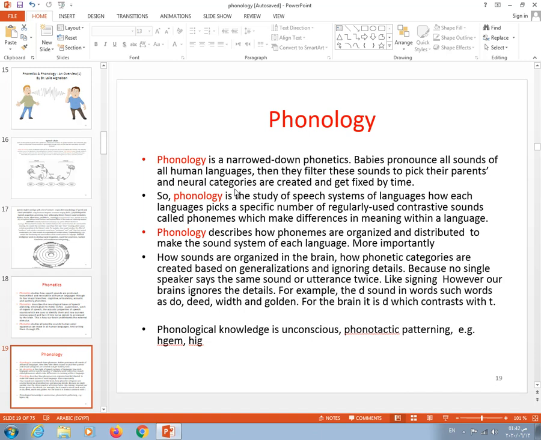Phonological knowledge is unconscious. Let's, for example, give you the words such as hegm and heg. If I ask an English speaker which of them is English, he's going to say that hegm is not likely to be English at all, because it starts with ha and then ga, and this couple of sounds cannot go together.